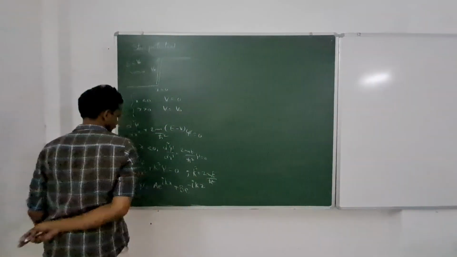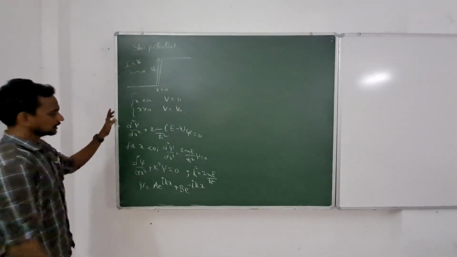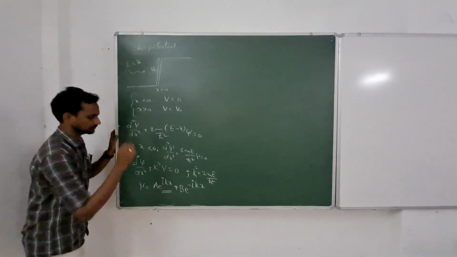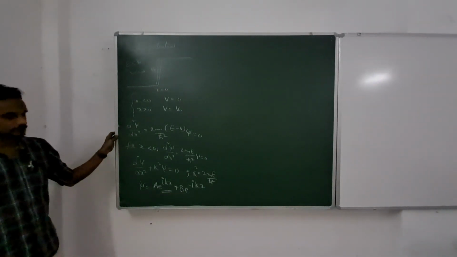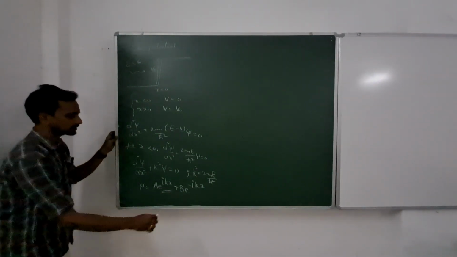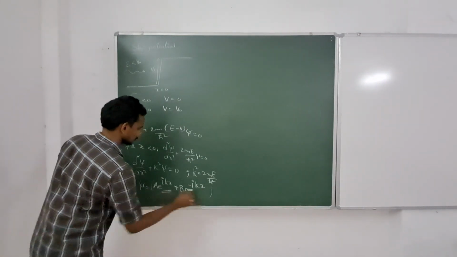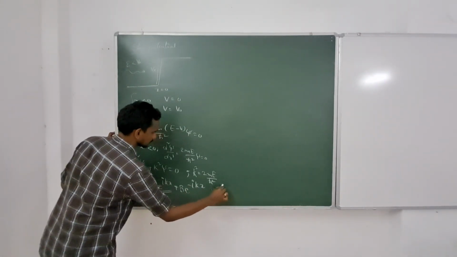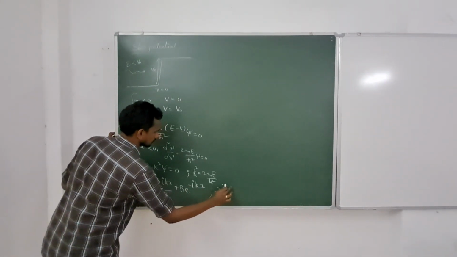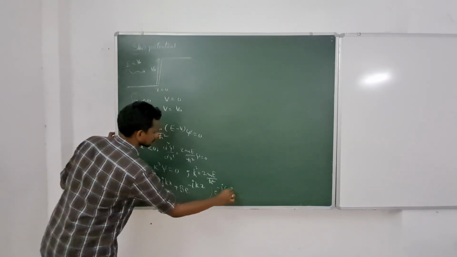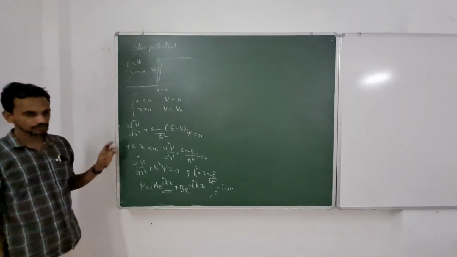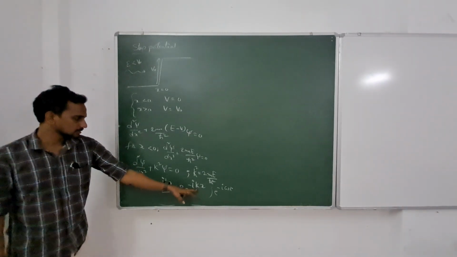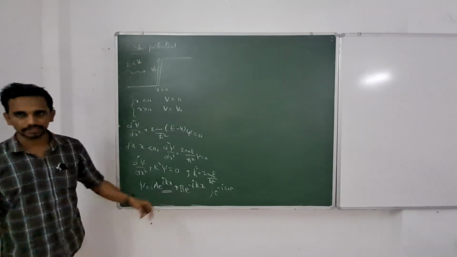Now we have to see the real system. Here, if we include the time factor, it comes as e power minus i omega t. So e power i(kx minus omega t), and this is e power minus i(kx plus omega t).